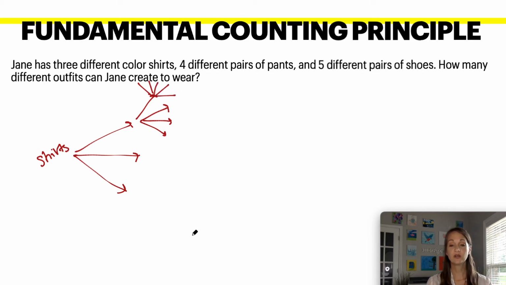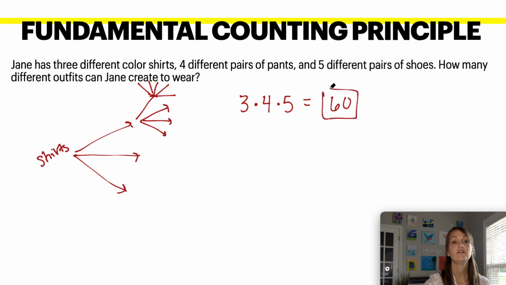So in every one of these scenarios, she can choose a different pant for the shirt, a different shoe for the shirt. According to the fundamental counting principle, you multiply the different scenarios together to come up with your answer. There are 60 different outfits that she can create from 3 different colored shirts, 4 different pants, and 5 different pairs of shoes, assuming that it does not matter if they match.